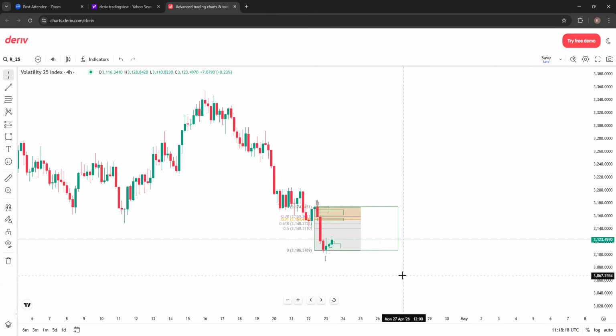Could you please draw your lower highs and lower lows again from the previous leg? So we have a low, we have a high, we have a low, we have a high here, we have a low, we have a high, we have a low, and then now we want a high.